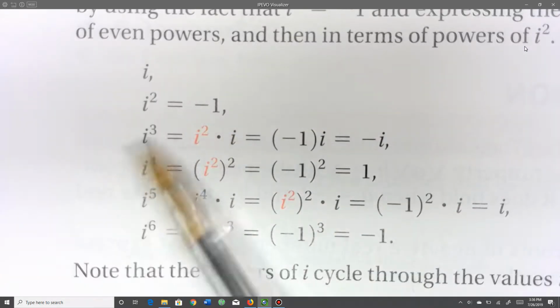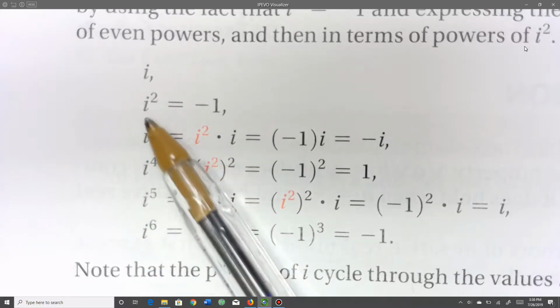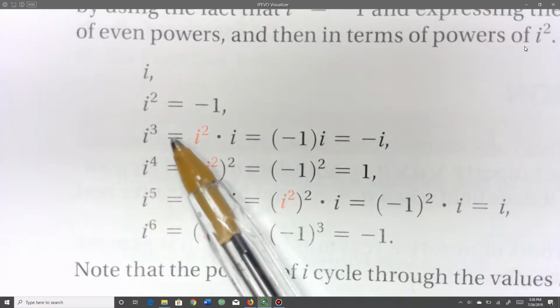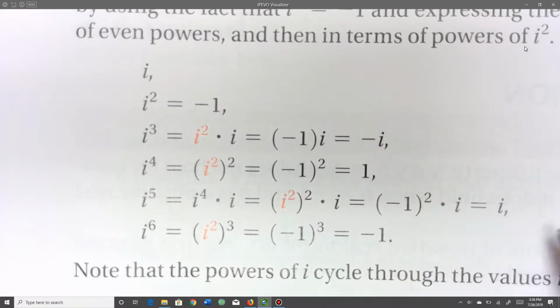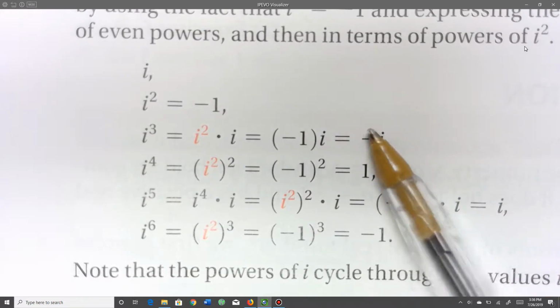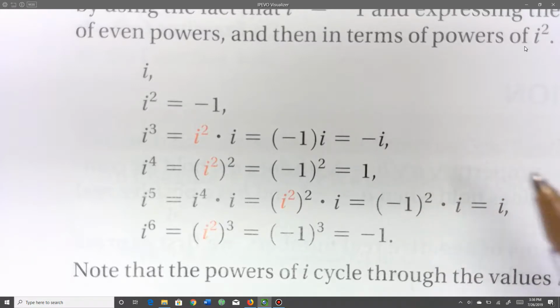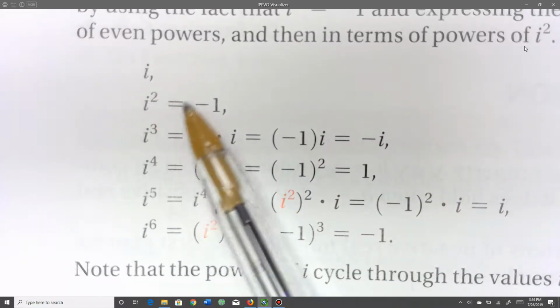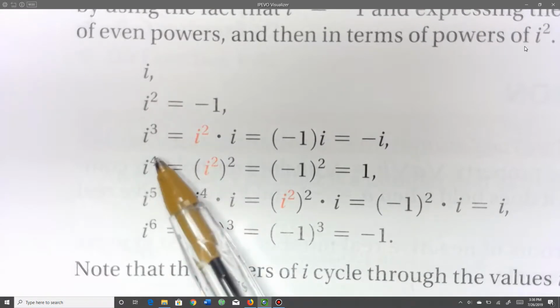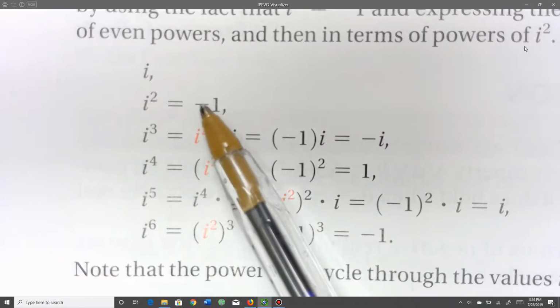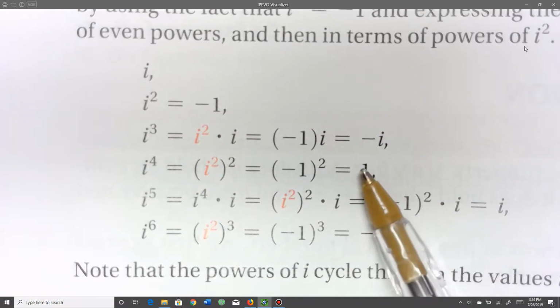Whenever you have odd exponents, you get either a negative or a positive i, okay? So again, whenever you have even exponents, you get a -1 or a +1.